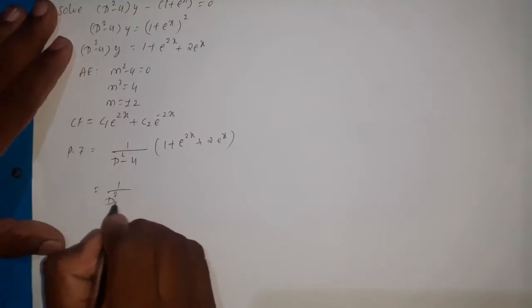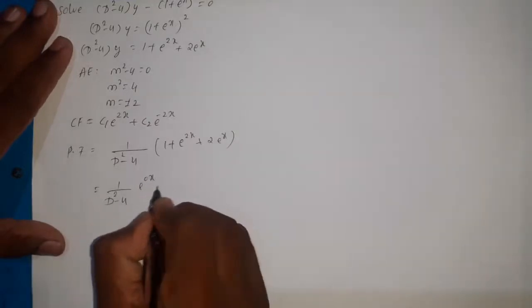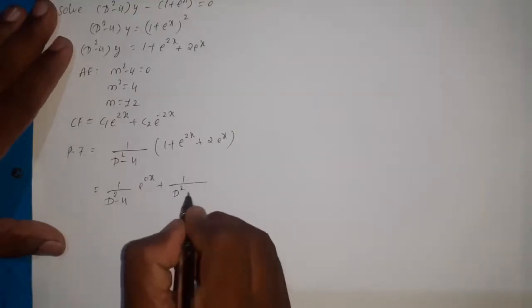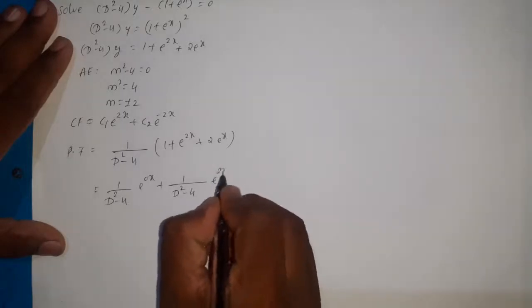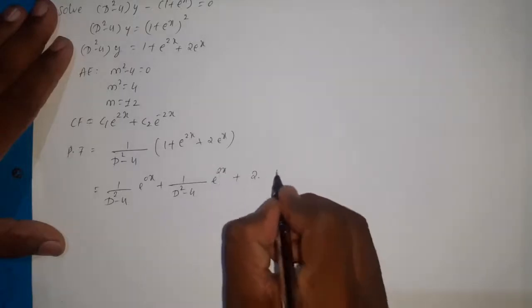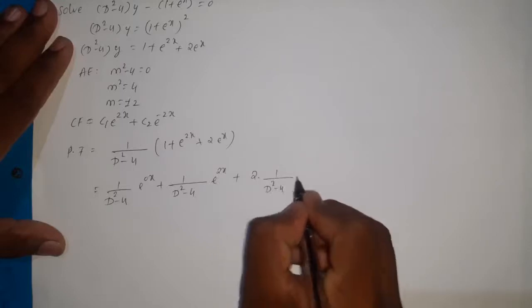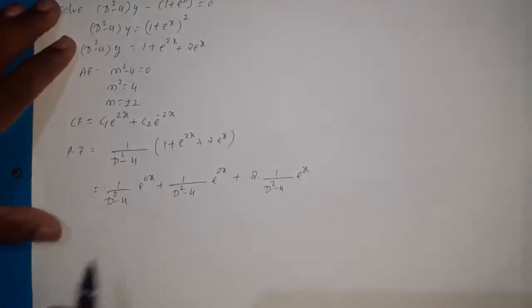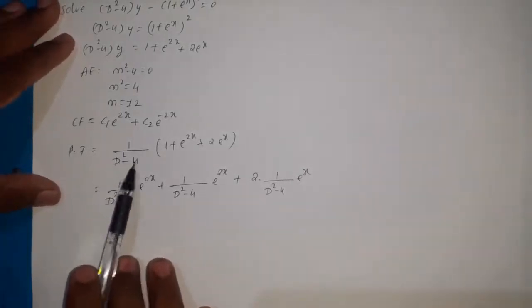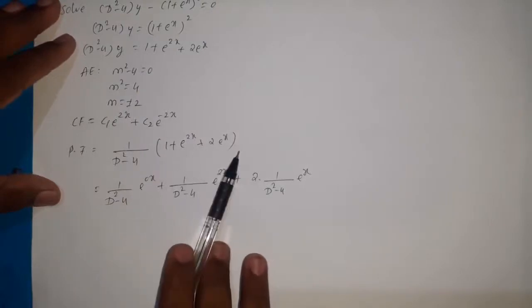So let us write them separately: 1/(D² − 4) e^(0x) + 1/(D² − 4) e^(2x) + 2 into 1/(D² − 4) e^x. We have written f(D) separately for all three functions.